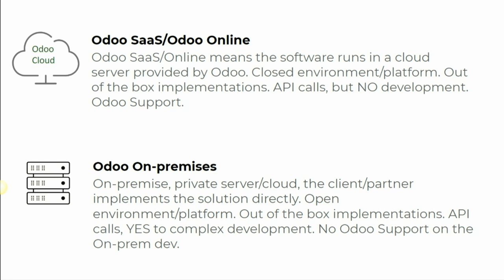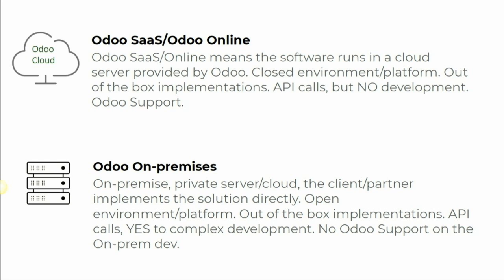And then you have a partner. We typically would do that type of implementation directly on your server. It's an open environment. Obviously, you can be as creative as you want in terms of development. You can certainly still do out-of-the-box implementation on an on-premises instance without a problem. You still have the same API calls and API-friendly environment as well. Yes to complex development.